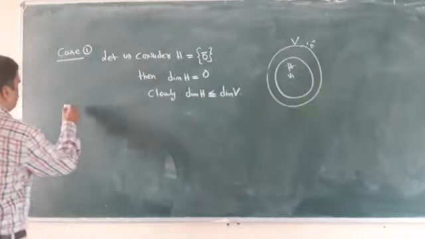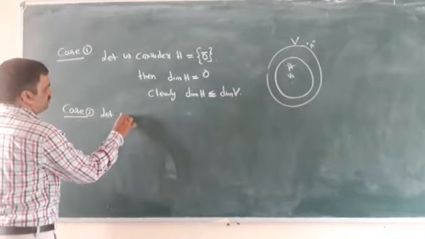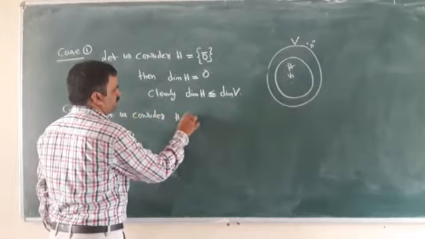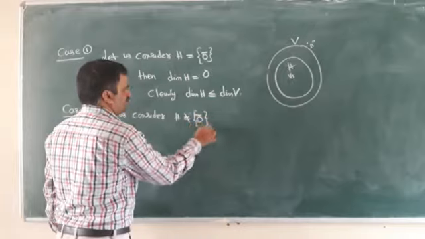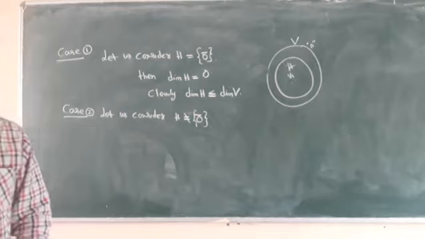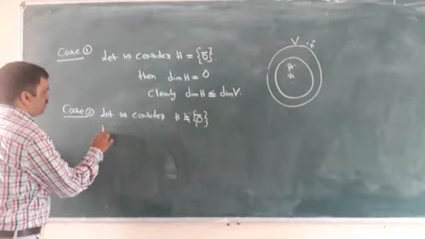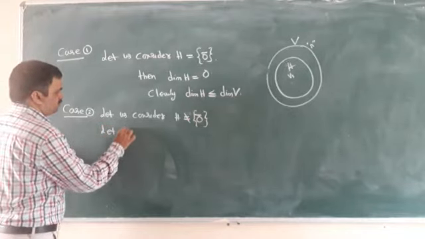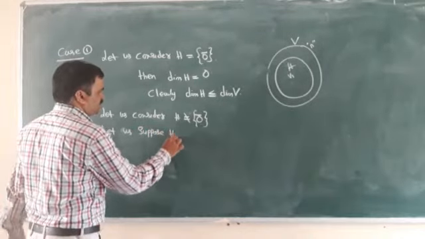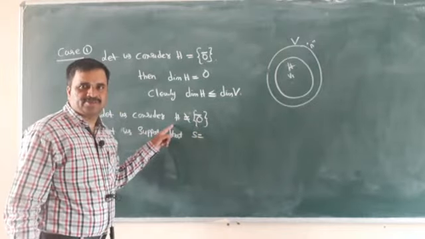Case 2. Let us consider H not equal to the zero vector, nothing but H is a non-zero vector. So H is non-zero, so independent sets will exist in it.